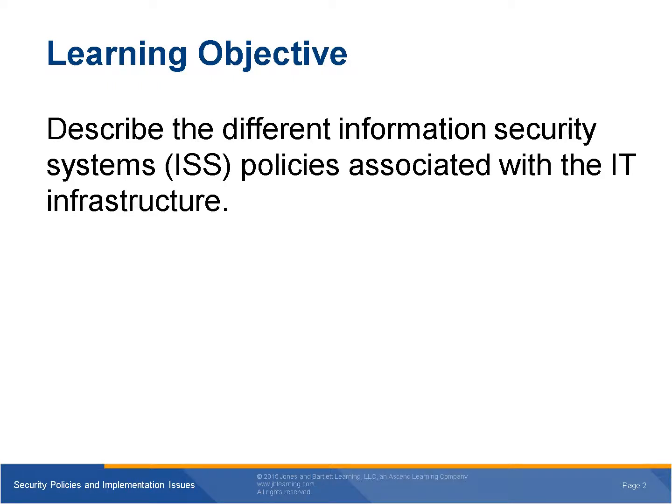Topics we will cover include what the basic anatomy of an infrastructure policy is, what common workstation domain policies are, what common LAN domain policies are, what common LAN to WAN domain policies are, what common WAN domain policies are, what common remote access domain policies are, what common system and application domain policies are, what common telecommunications policies are related to the IT infrastructure, and some IT infrastructure security policy best practices.